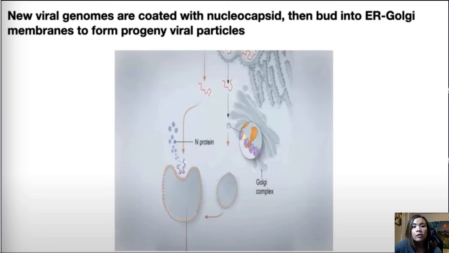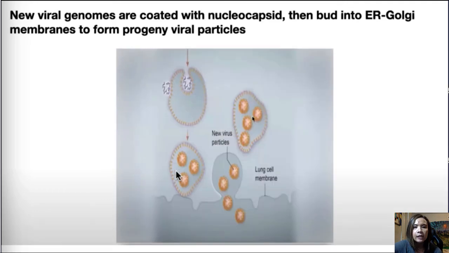Now, these vesicles have been pre-studded with spike proteins, the matrix protein, and the envelope protein that is outside of the new coronavirus particle. Now, the nucleoprotein-coated genome and the matrix protein drive what you call this budding reaction. If you notice, there's like a cleavage right there that causes the viral genome to be enveloped within these vesicles to form these new particles.